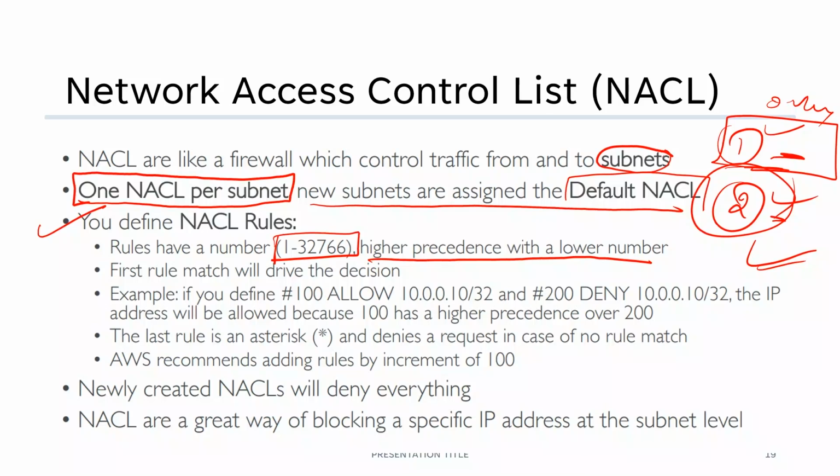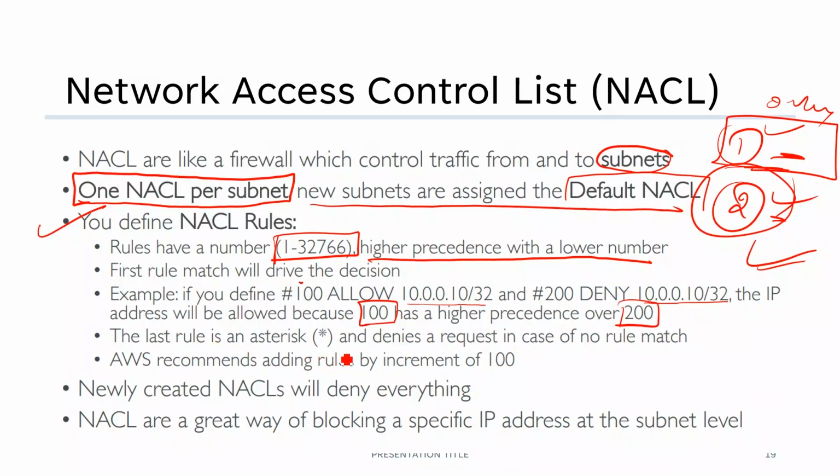That's why I told you, right? If you have another rule like rule number 2, rule number 1 will override rule number 2. For example, if you define at number 100 allow this IP address, and at 200 you say deny the same IP address, the IP address will be allowed because 100 has a higher precedence than 200. So it is overriding the 200 rule. I hope that is fine.